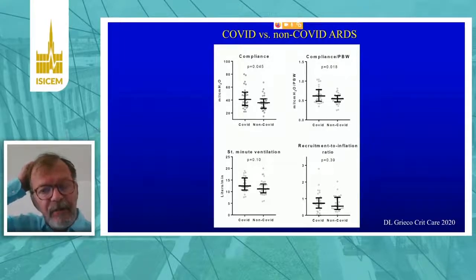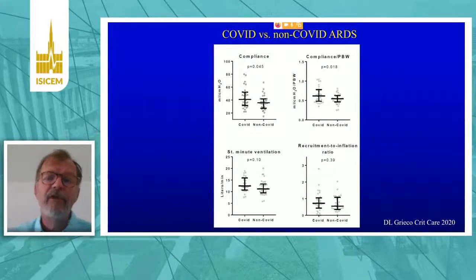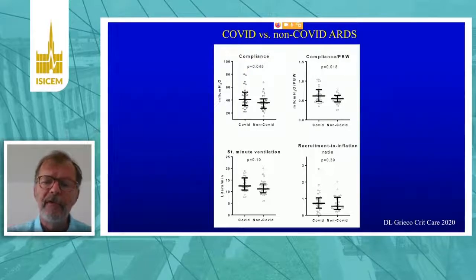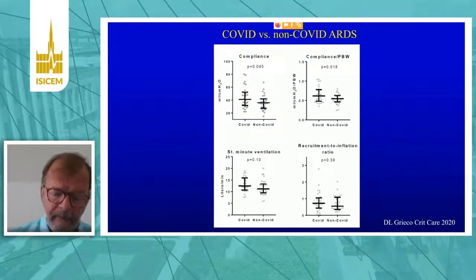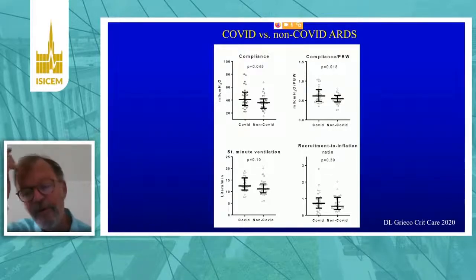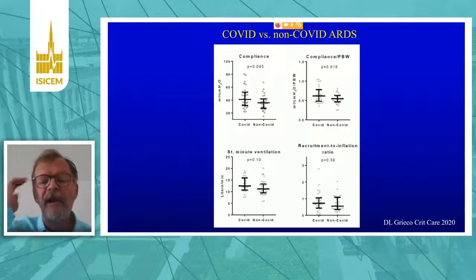Is this different in ARDS with COVID or non-COVID? This is a study which was just accepted in Critical Care, using patients from Rome and from a center in Toronto. And just to make a long story short, if you look at the right bottom corner, you see the recruitment to inflation ratio in COVID ARDS and non-COVID ARDS.